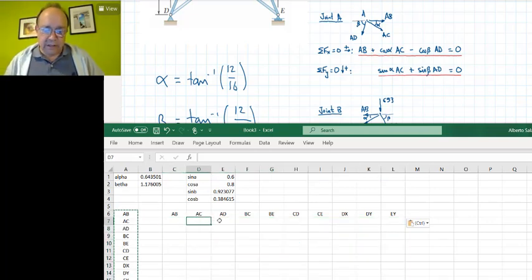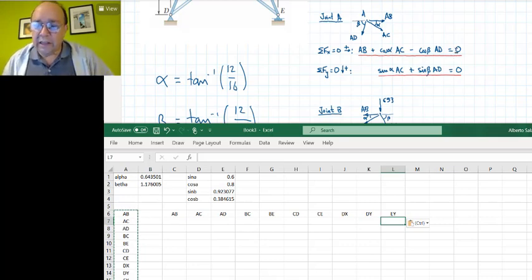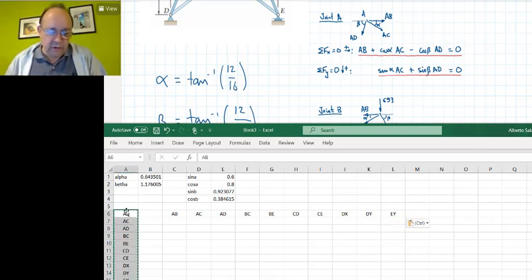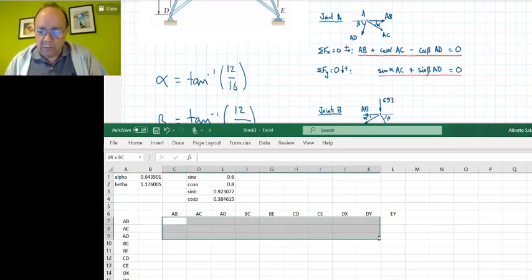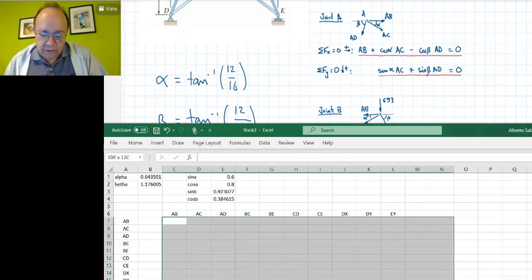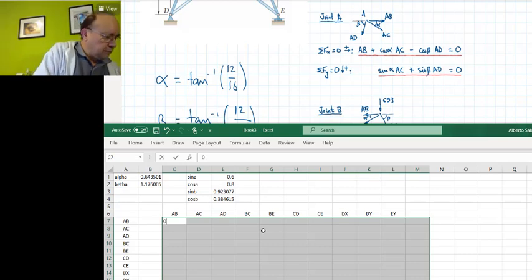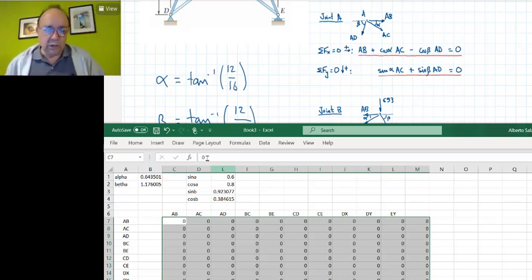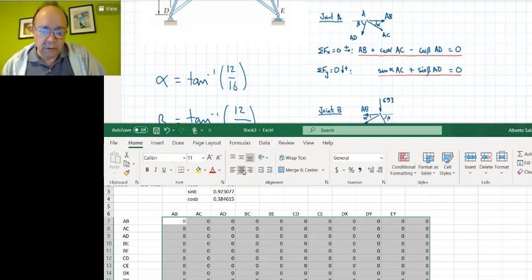So this will be the equation, but many of those cells will be filled with 0 because only 3 variables have coefficient there. And then the right hand side of the equation is 0 also. So I'm gonna fill all this region here with zeros because many of those will be zeros, so I don't have to type all those zeros here. Let's center all those numbers.